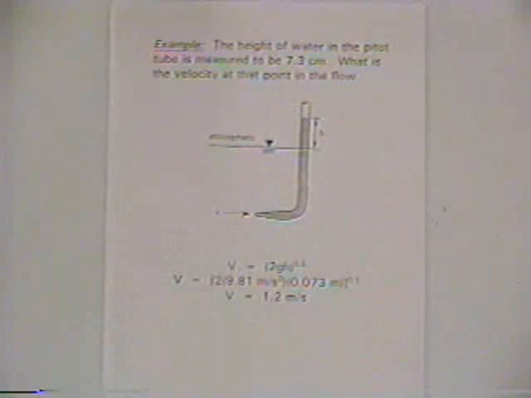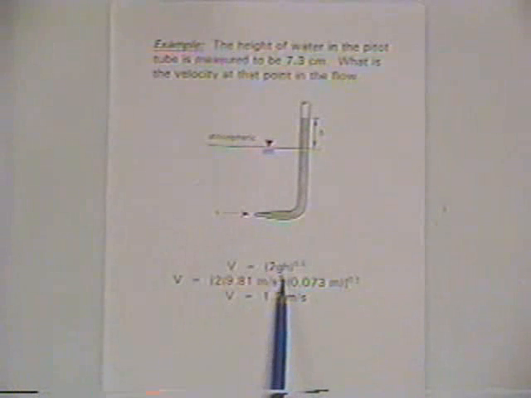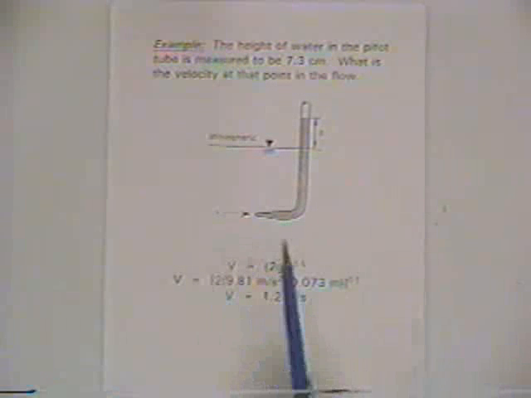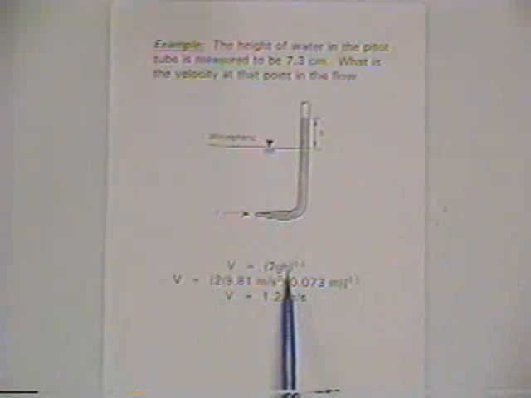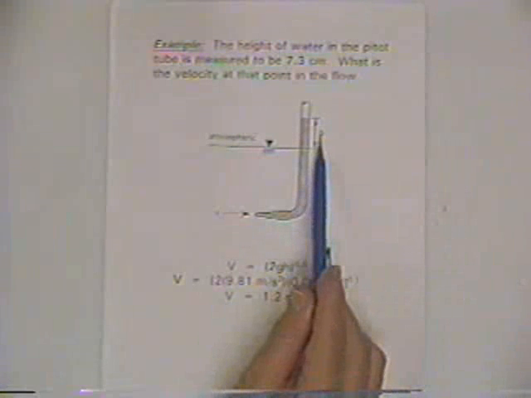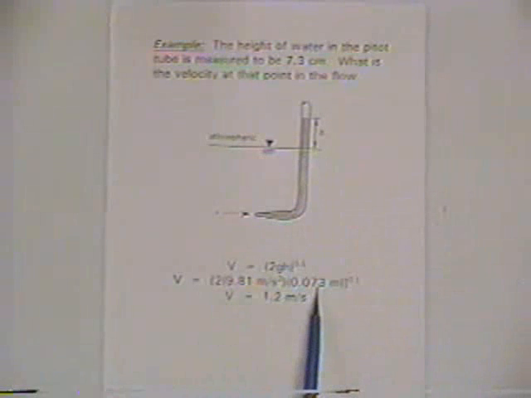And we've already worked the problem. All the problems are the same for a pitot tube. You start with the energy equation. It's going to come down to this equation from the previous page of notes, and so we just plug in our measured 7.3 centimeters here, getting the units consistent.